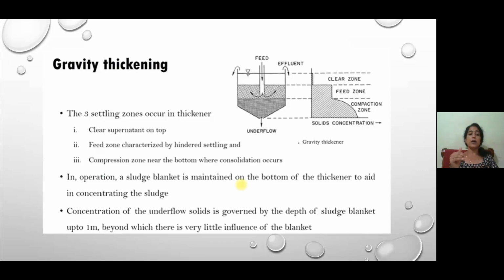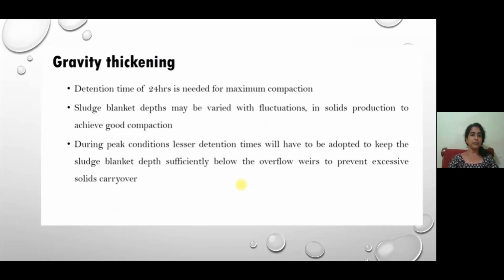The concentration of underflow solids is governed by the depth of the sludge blanket up to 1 meter, beyond which there is very little influence of the blanket. The detention time is 24 hours for maximum compaction, and the sludge blanket depth may vary with the fluctuations in solid production to achieve good compaction.